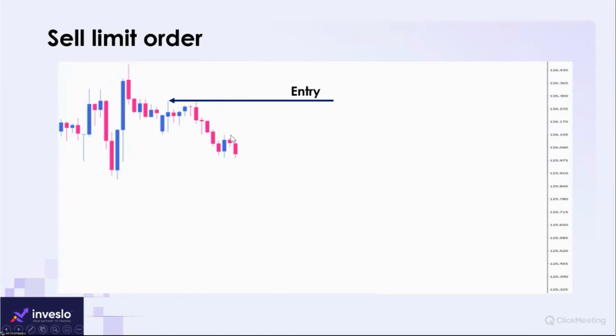So in that case, you can choose this level as your predetermined entry for a sell limit order. And then you see at the moment that the price reaches this level, your sell limit order will be executed. So you will not enter the market until the price reaches this level as your predetermined price entry.